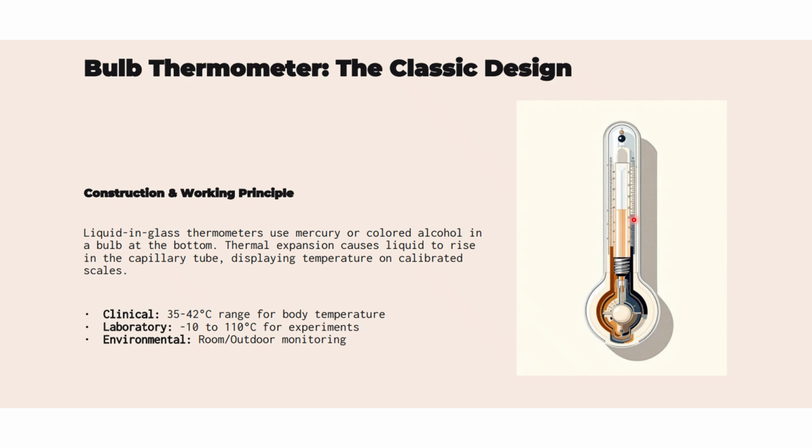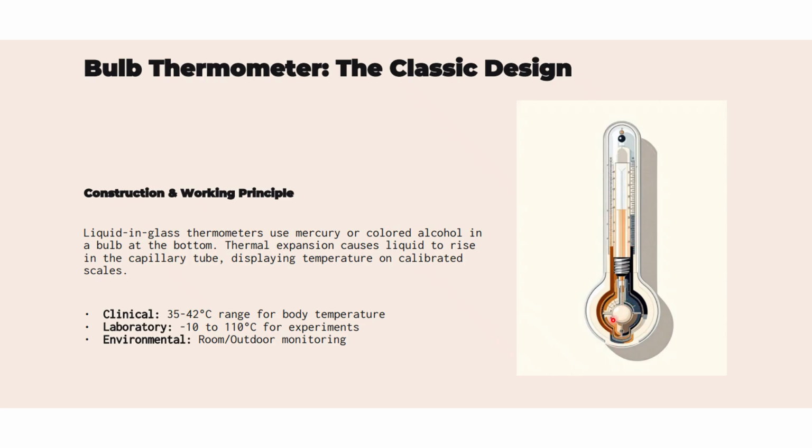When temperature increases, the liquid in the bulb expands and rises in the narrow tube. The level of the liquid indicates the temperature on a calibrated scale. On the side, we have the calibration of the temperature.